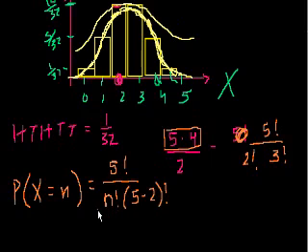And I encourage you to review, because it really is important to get an intuitive feel of this. I encourage you to review the videos I made in the probability playlist on binomial coefficients and on this flipping of coins type of probability problems, because I go a little more detail in the actual intuition of this. But if you watch those, or if you have a little bit of experience with this, you would recognize that this is the binomial coefficient.